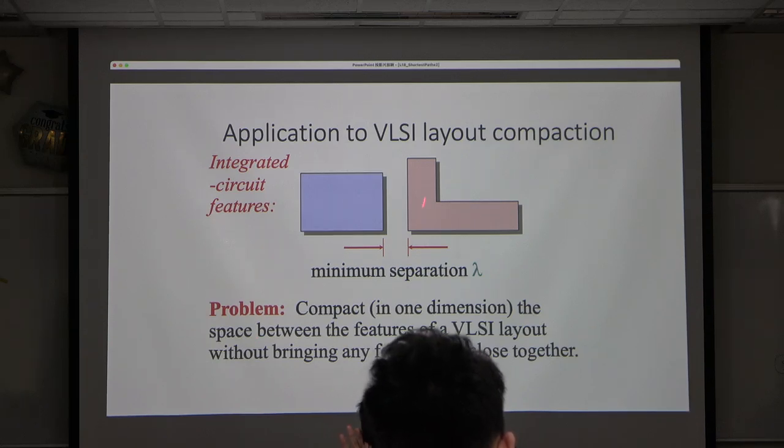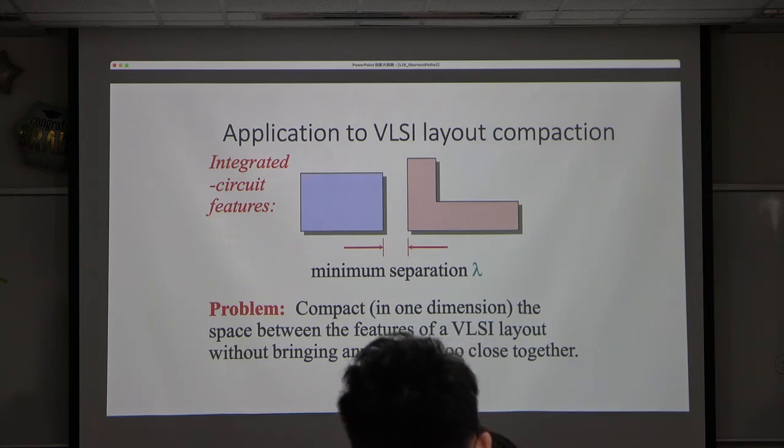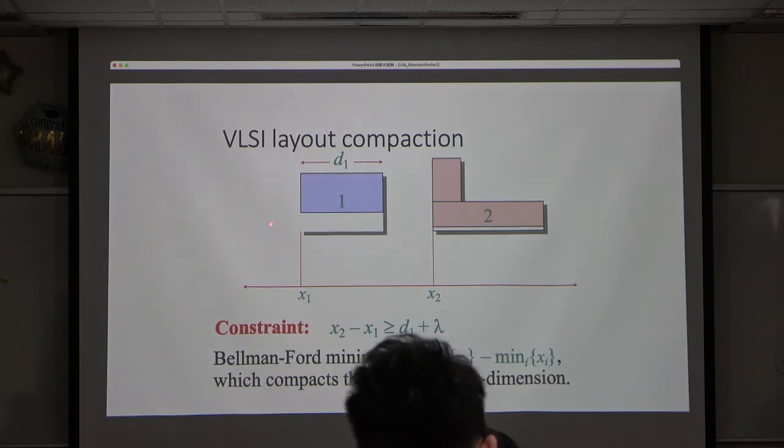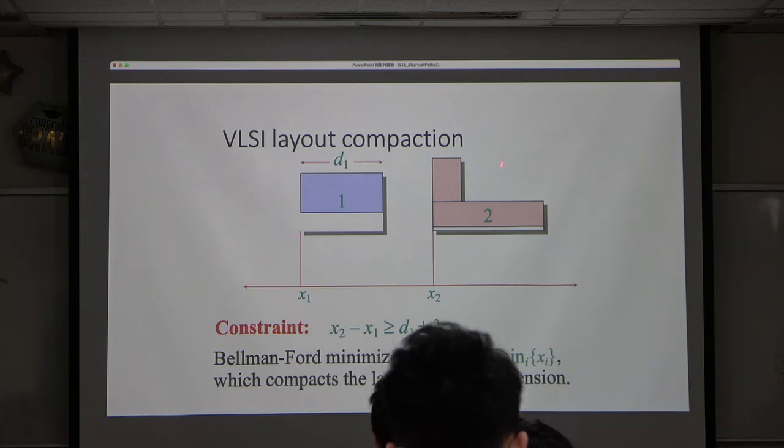If you try to represent such a constraint in one dimension, you measure it by variables. Here is feature 1 with x1, and feature 2 with x2. So x2 minus x1 is greater or equal to d1, where d1 is the size of feature 1 plus lambda.